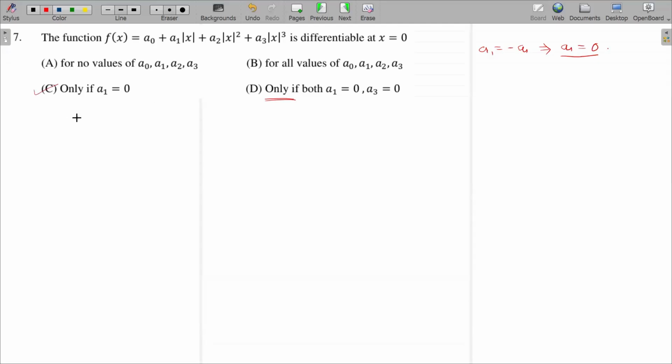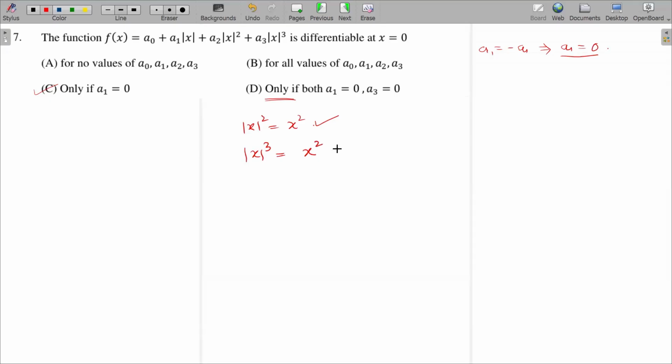Correct. C is true. Understand the point that, see, this is anyways a non-troubling element because mod x square is just x square. So mod x square is nothing but simply x square, and we know it is everywhere differentiable. Mod x cube can be written as x square into mod x.